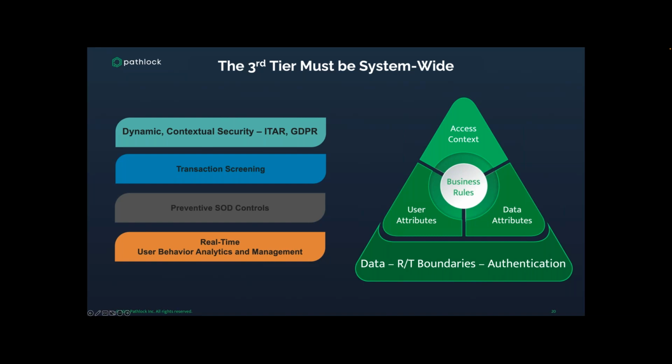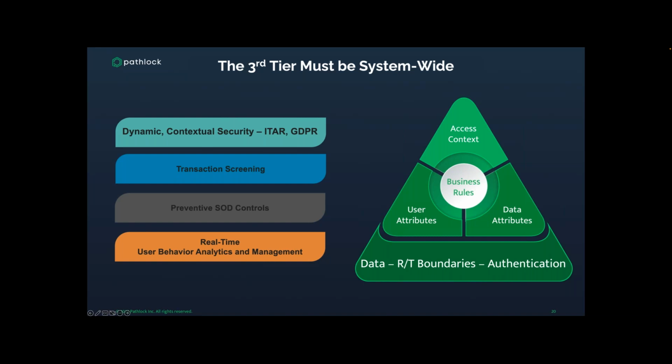It's being able to screen transactions. It's looking at, how do I actually put in a preventative stop? How do I block somebody from following through on an SOD violation? It may be necessary for them to, for example, have this SOD conflict because of the nature of their job.